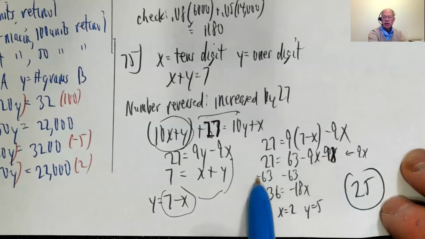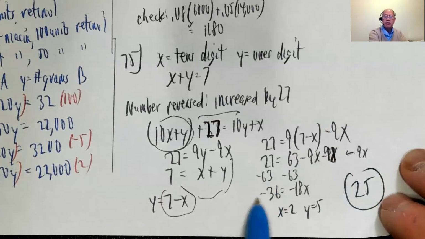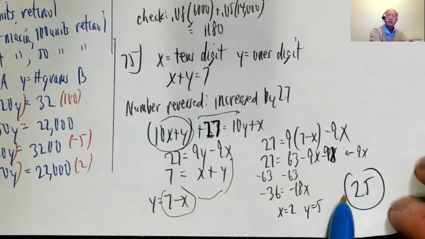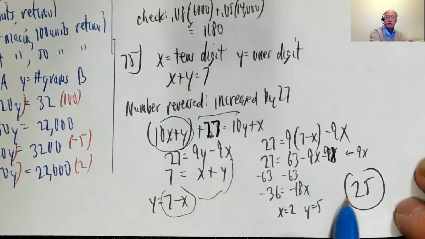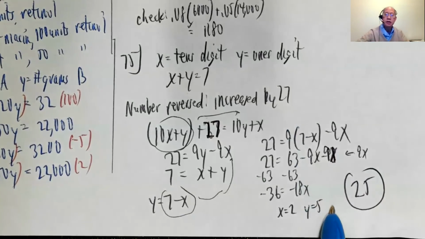Subtract 63 on both sides, negative 36 equals negative 18x. Divide by negative 18, x is 2. The total is 7, so y is 5. So that makes the number 25. Quick double check, if you reverse the digits, 52, and we did increase by 27. All right, so that is the end of section 5.1.